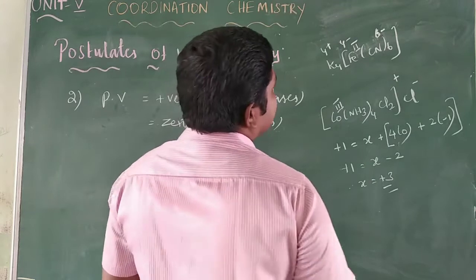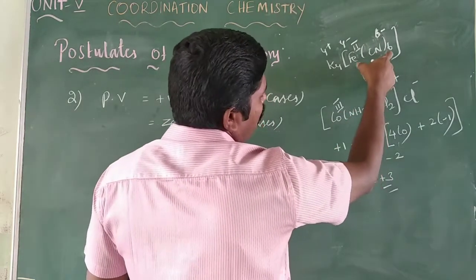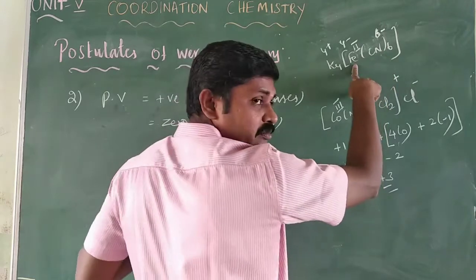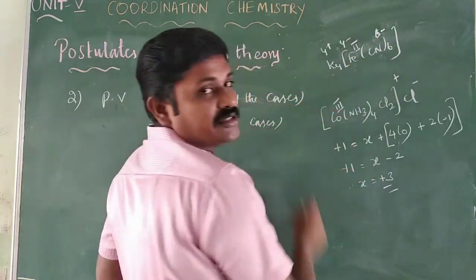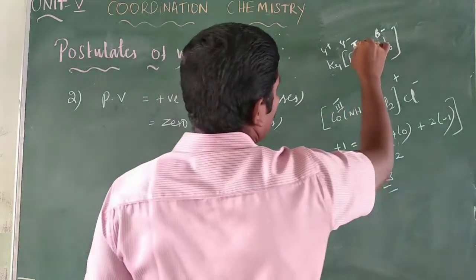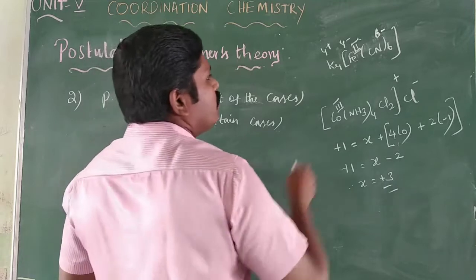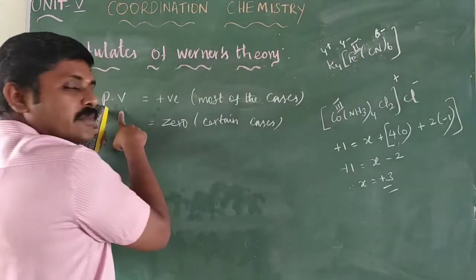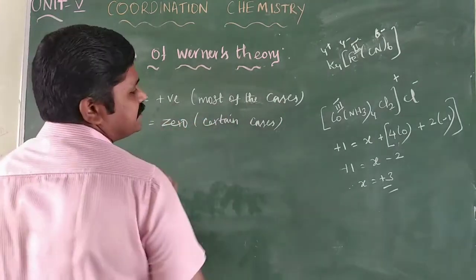The sum of the charges on the central metal ion and the ligands is equal to the net charge. So the primary valency of the central metal ion in most of the cases is positive.